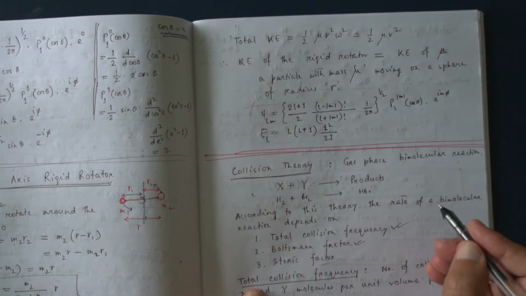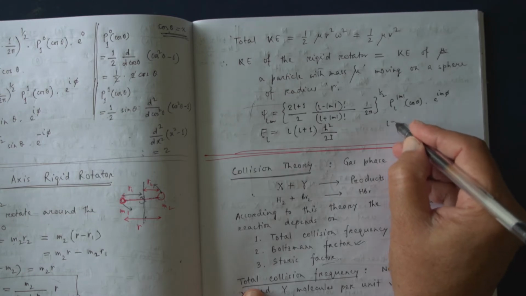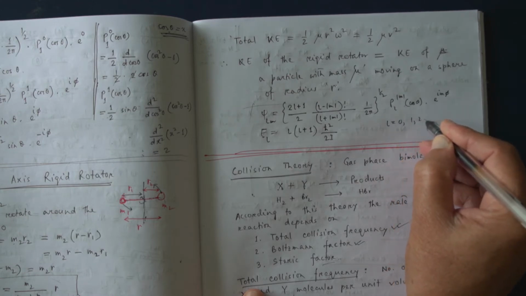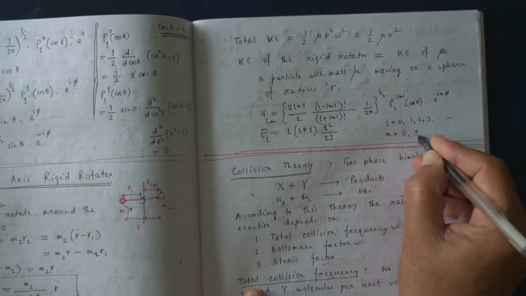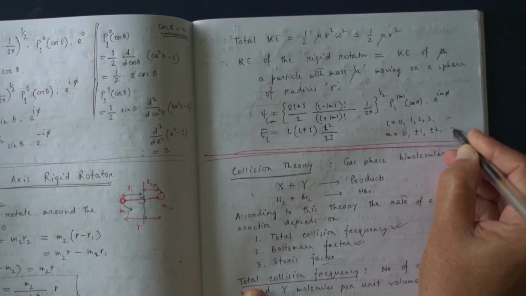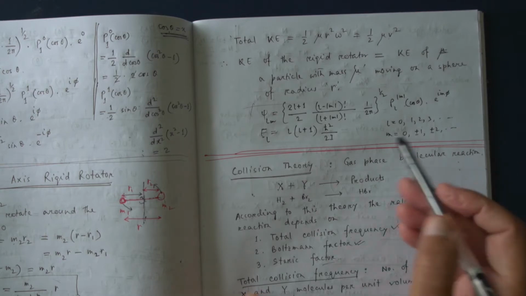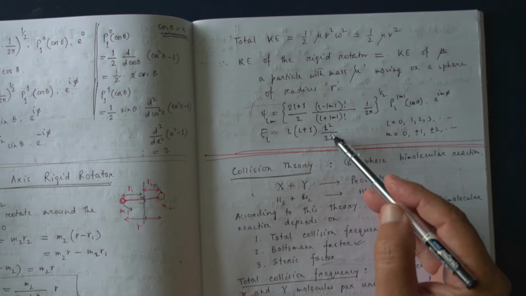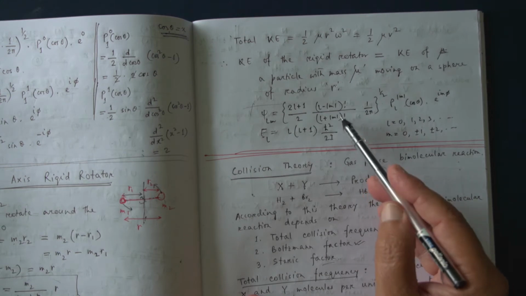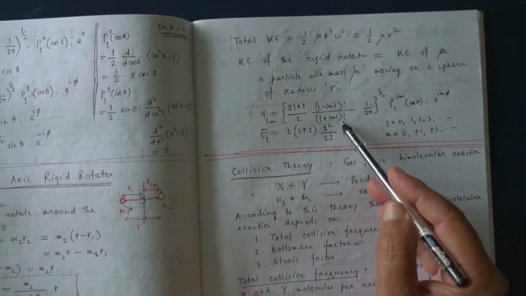L equals 0, 1, 2, 3, and so on, and M equals 0, plus or minus 1, plus or minus 2, and so on. The results are exactly the same.